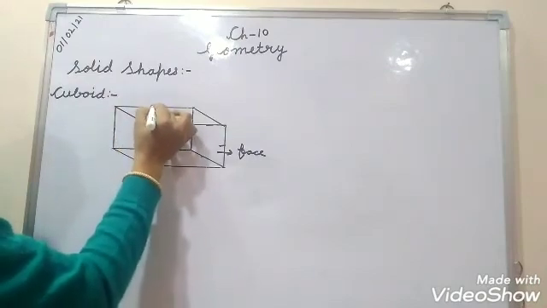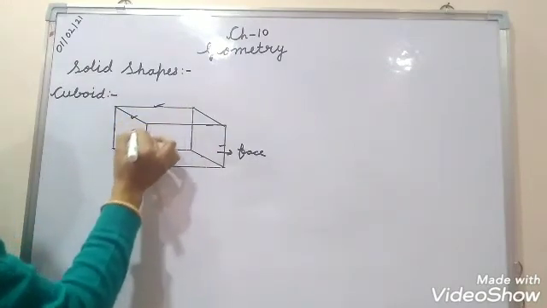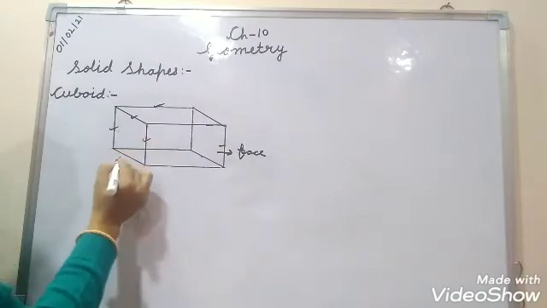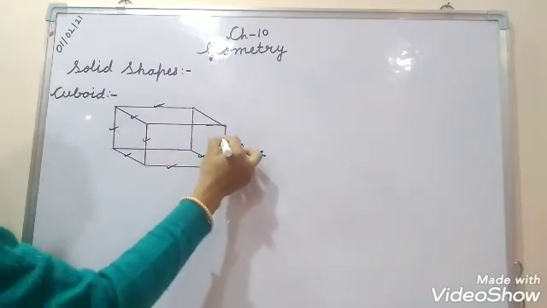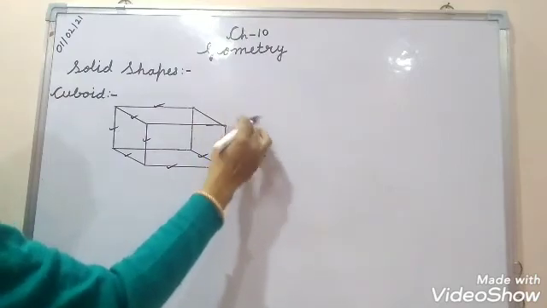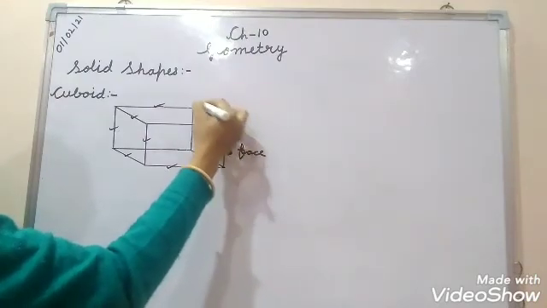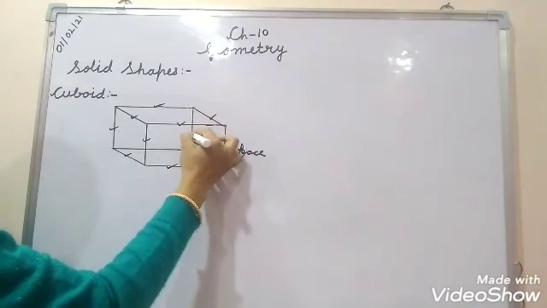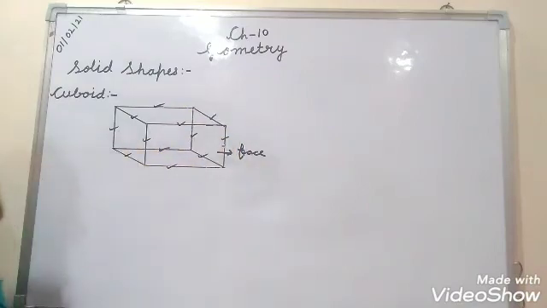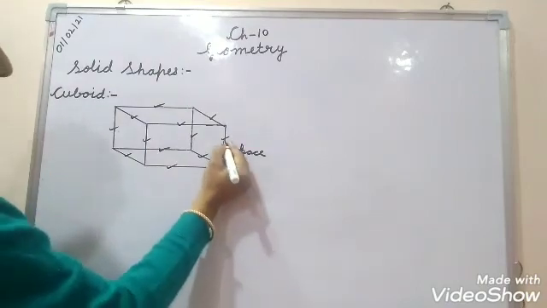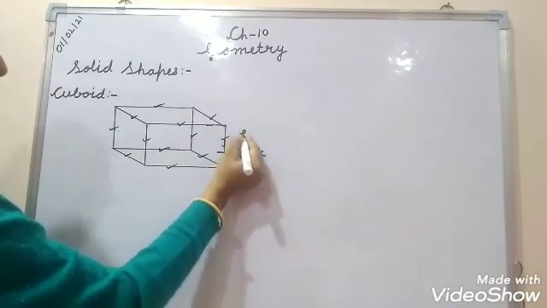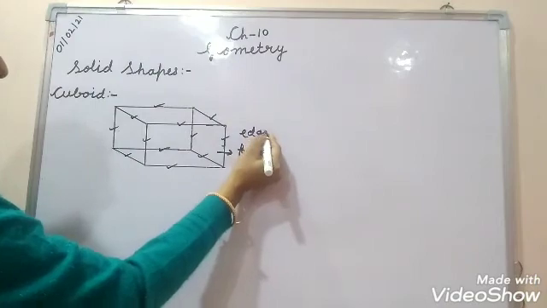That is 1, 2, 3, 4, 5, 6, 7, 8, 9, 10, 11 and one more 12. Like a cube, it also has 12 edges. So this is one edge. What is this? This is an edge.